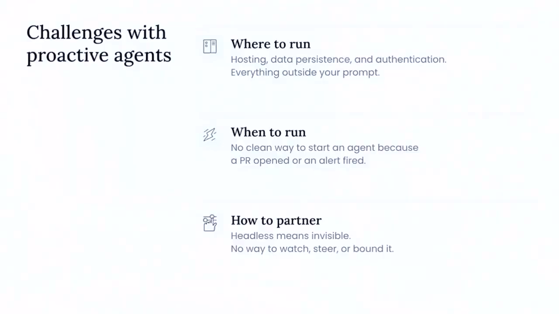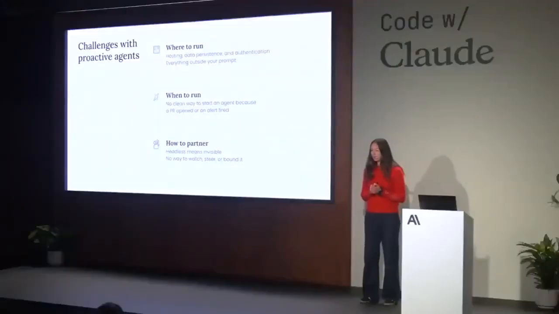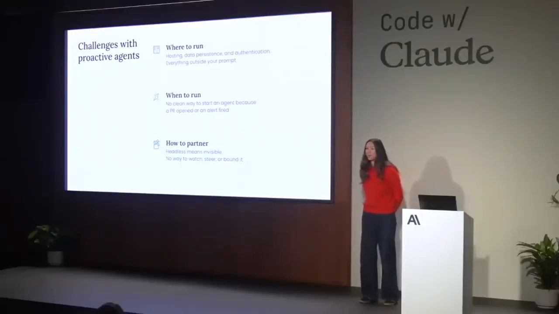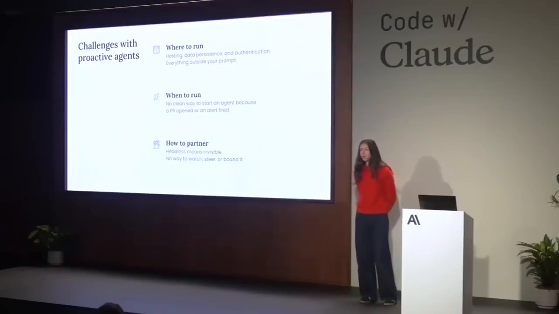So I want to talk first through the challenges with building proactive agents today. We all know it's doable, but I want to talk about what's a little bit cumbersome with this. The first thing that's a little bit difficult with building proactive agents today is deciding where these agents should run.